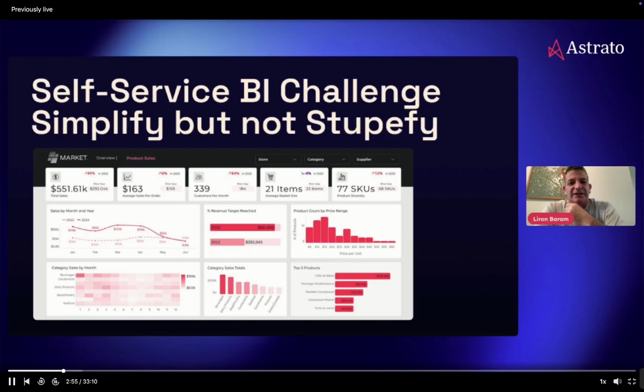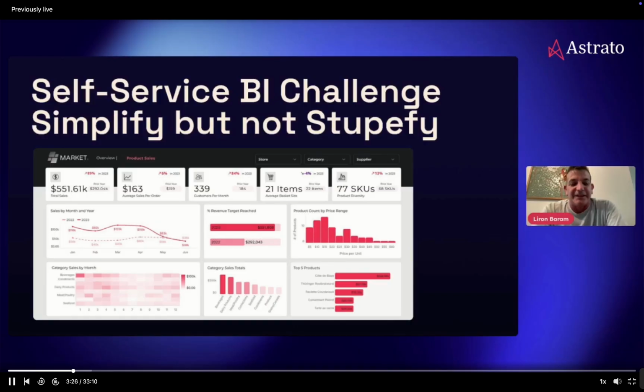So advanced calculation in Astrato is an example of, for me, one reason why Astrato's offering of self-service is different from others. I think that one of the main challenges of self-service BI, where previously a lot of tools were failing, is that when you think of self-service, you need to simplify everything, but you need to do it without stupefying everything.